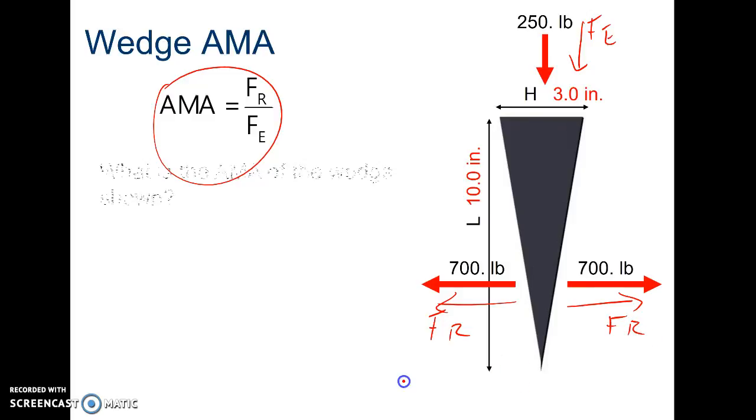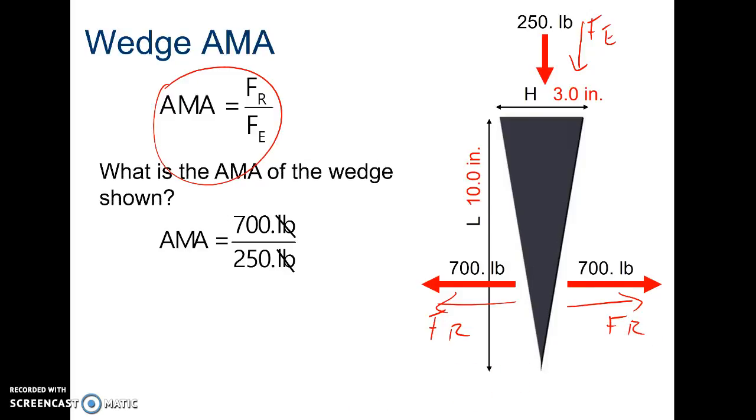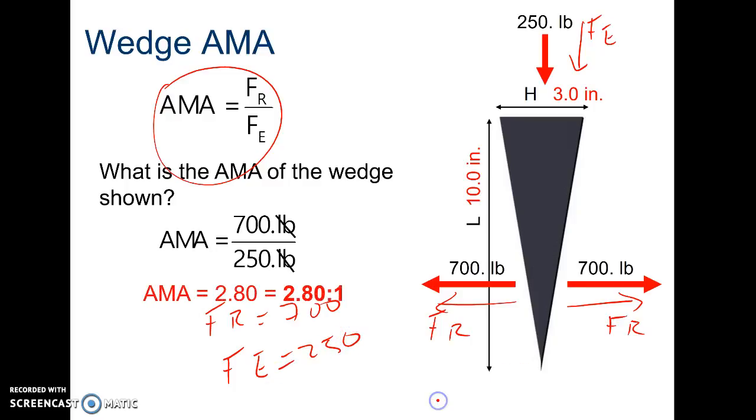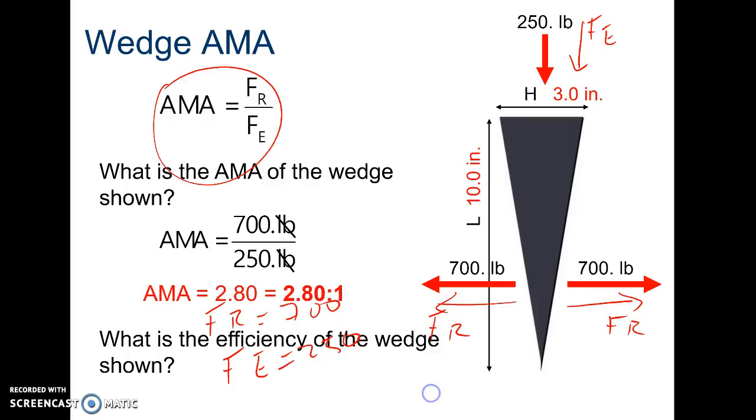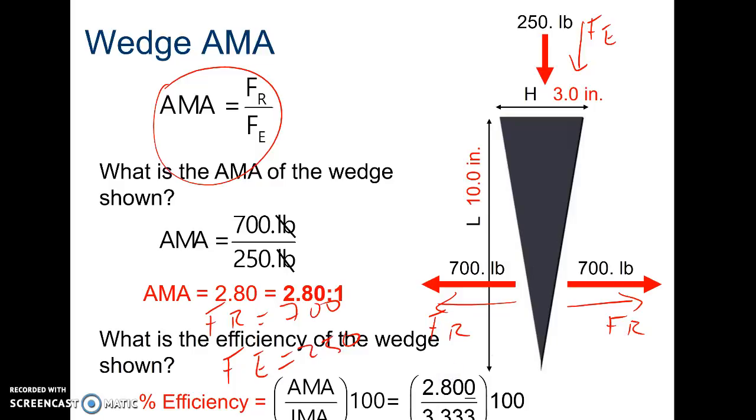Okay. So the AMA of the wedge would be the 700. So the FR is 700. And then the FE is going to be 250. Okay, that gives us an AMA of 2.8. And then if we look at the efficiency, we just divide the AMA by the IMA. We take the ratio of the AMA and the IMA, and we get 84%.